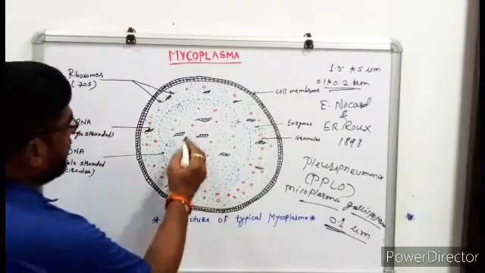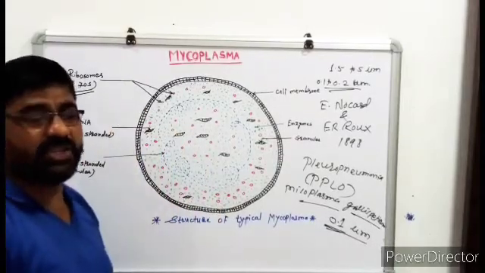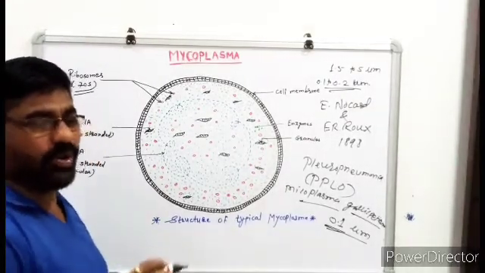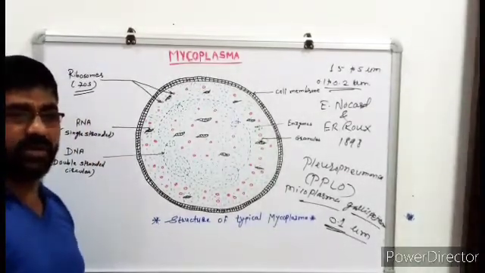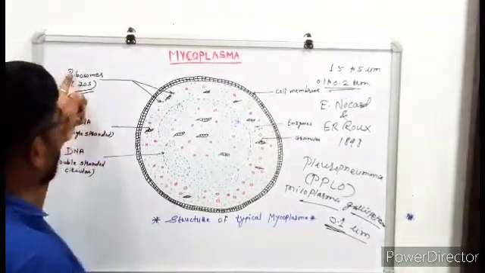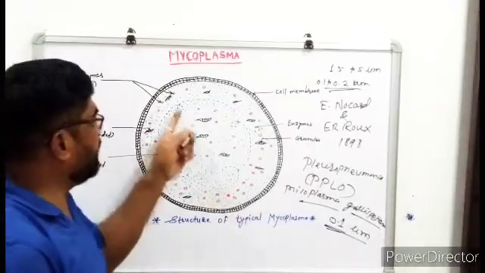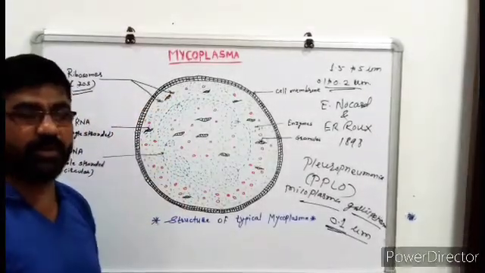Then there is the presence of ribosomes. Ribosomes are of the 70S type, as in other prokaryotic cells. As you know from our last discussions, ribosomes are responsible for protein synthesis.